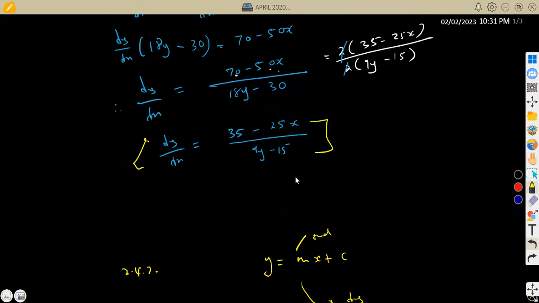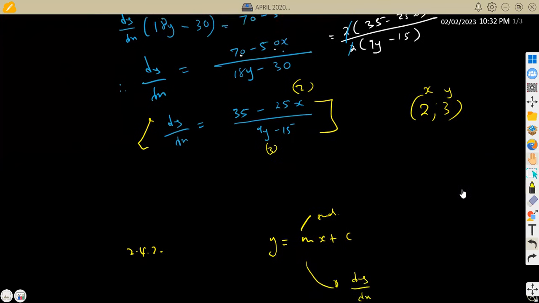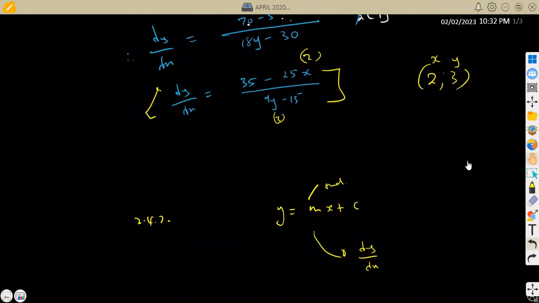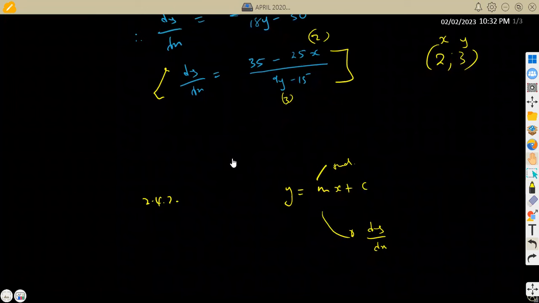So what we are going to do is substitute, because we are given a point, it must pass through the point (2, 3). This is the value of x and this is the value of y. So in place of x we substitute a 2, and in place of y we substitute a 3. So we can test that the values we are given do correspond. That's what we actually had from question 2.42.